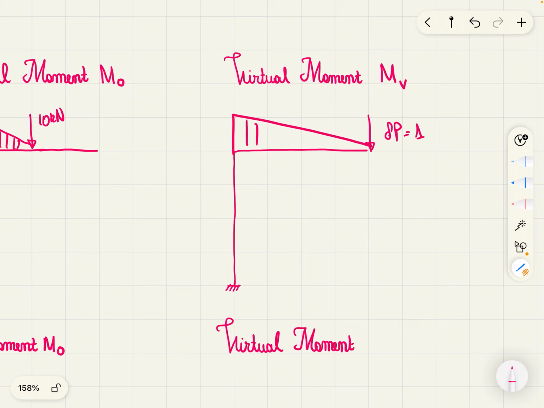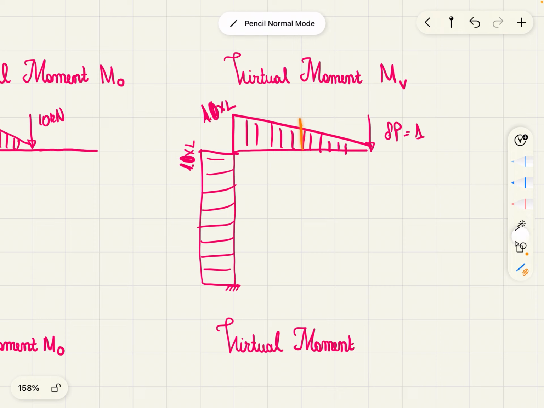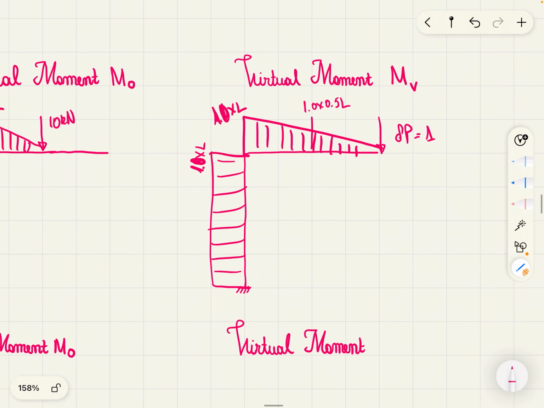And we're going to have a bending moment diagram like this, with maximum moment of 1 times the distance L, and the same here, 1.0 times L. Okay, now the moment at midspan in the middle here, which we're going to need to know later, is going to be 1 times 0.5 L, because it acts across half the length.